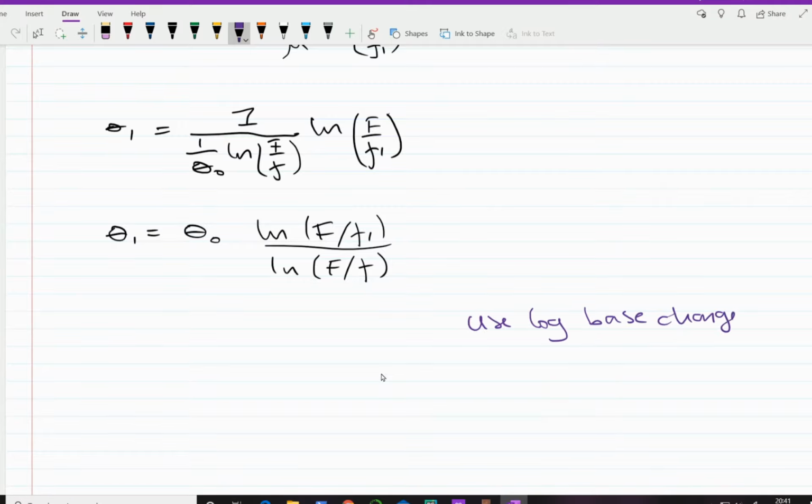This looks very messy, so I'm going to clean it up using the log base change rule.